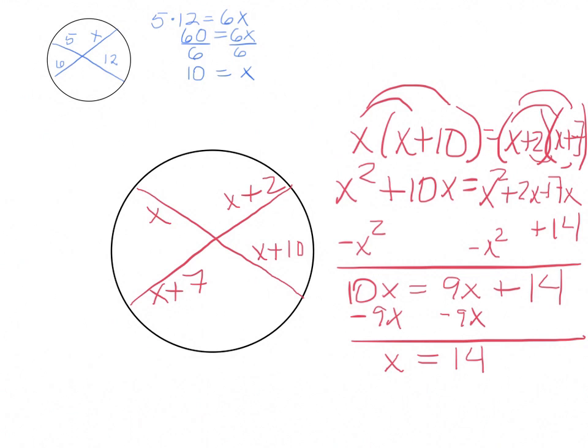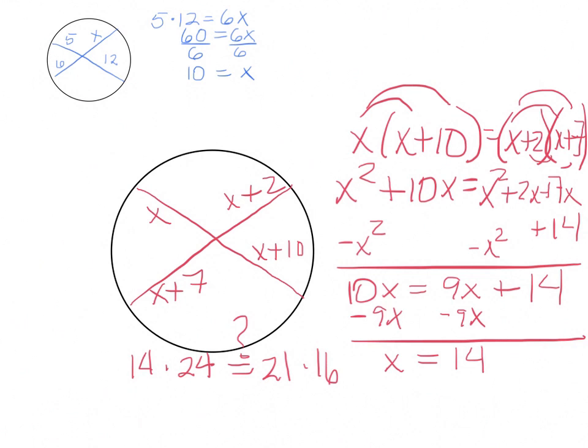And if you want to check, just to make sure, you can substitute. So we'll have x is 14 times (x plus 10), which is 24. Is that going to equal, that's our question, is that going to equal 14 plus 7, 21, times 16?